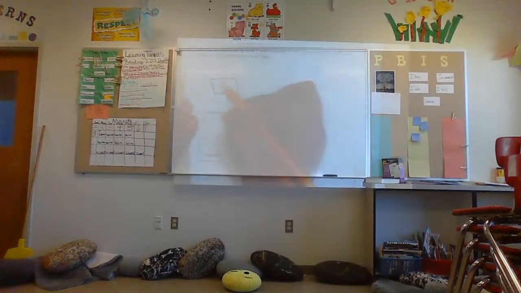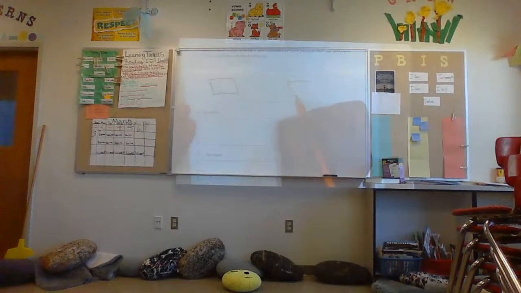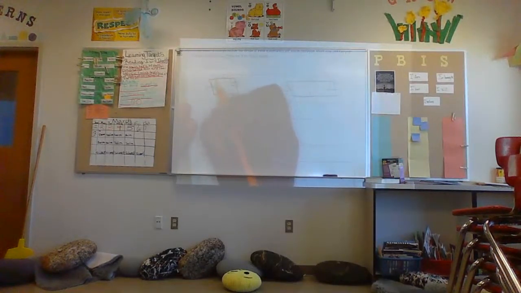And off the top of my head, I know that a square has 4 sides and 4 angles, and a rectangle does too. 1, 2, 3, 4. 1, 2, 3, 4. And then my angles, right angles. Squares and rectangles, they always have right angles, scholars. Okay? So they might give you the name or the category of the shape and have you draw it. So there's stuff like that.